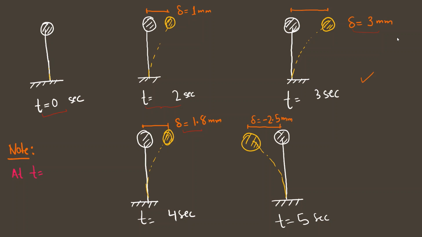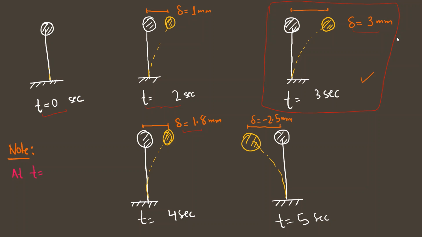What we are interested in as a structural engineer is the maximum displacement. At t equals 3 seconds we see the maximum displacement. So our interest is the maximum displacement, or peak displacement, or peak deformation, or peak response.